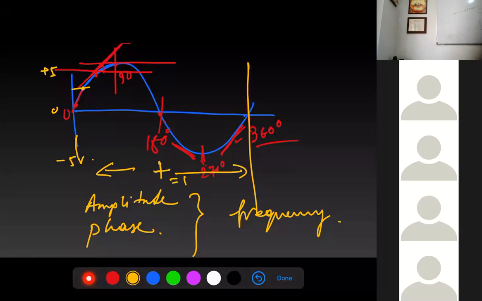Means that in 1 second 50 signals are being generated.